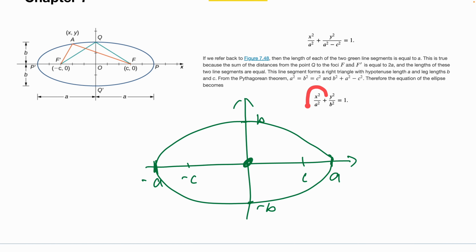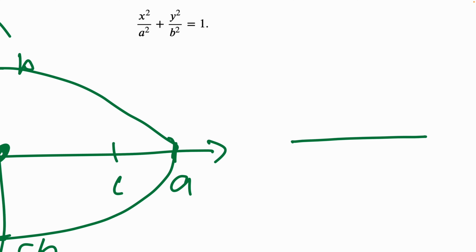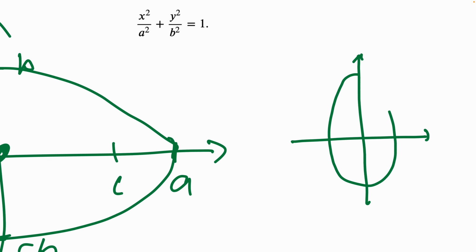So if above the a you have x, the major is horizontal. Let's write that out again. Let's draw another ellipse, but where the major is instead vertical. Something like that, very crude drawing. Then over here we'd have an a, a negative a, a b, a negative b.